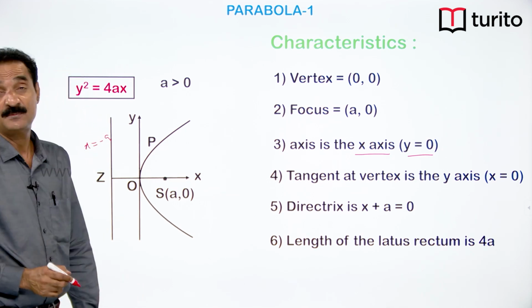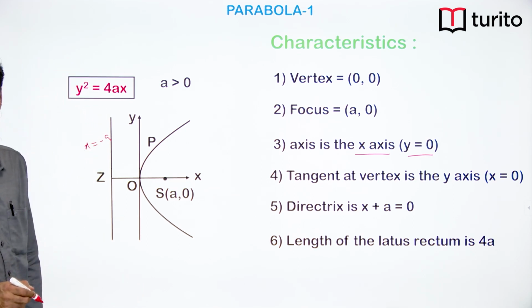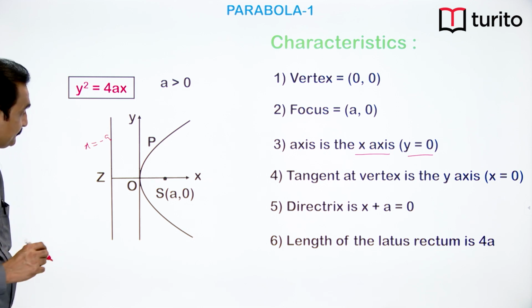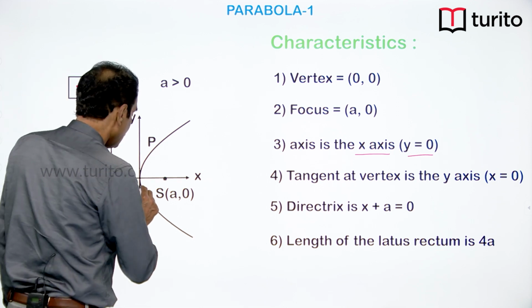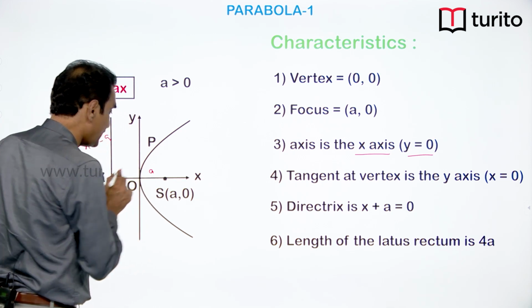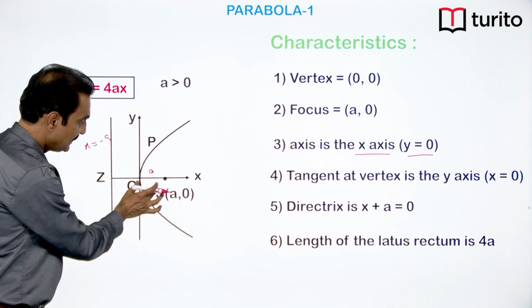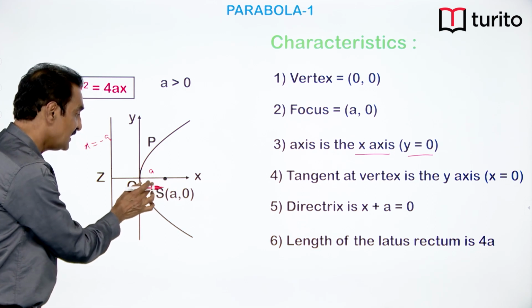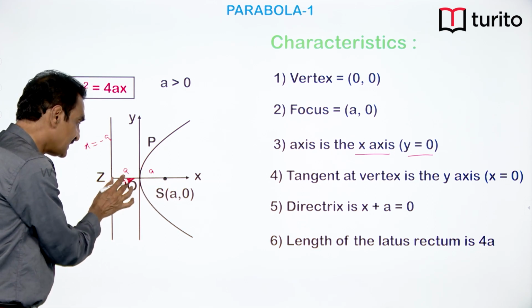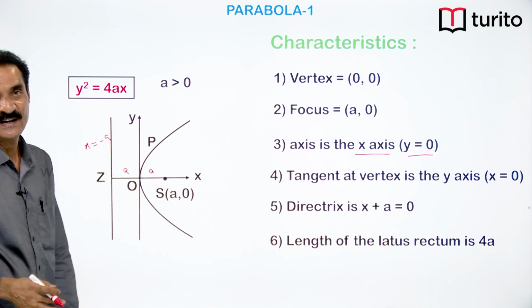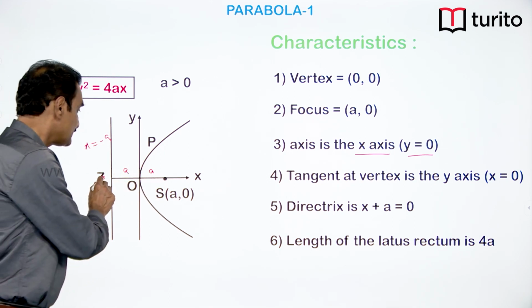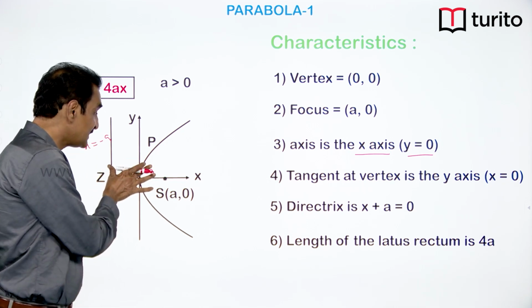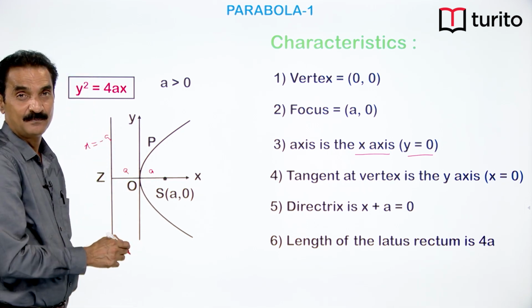Length of the latus rectum of this parabola. This is a very important point about this parabola. We have assumed that this length is a, because the vertex is the origin, this is (a, 0), so this is a. So, this is also a, because O is equidistant from Z and S. So, this length is 2a, and we already discussed that this length is half the latus rectum.